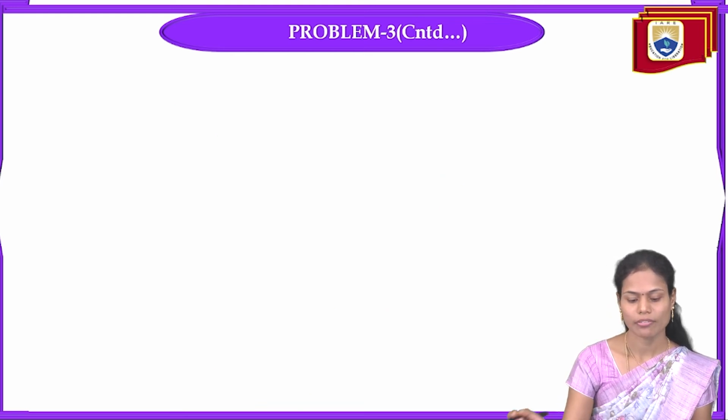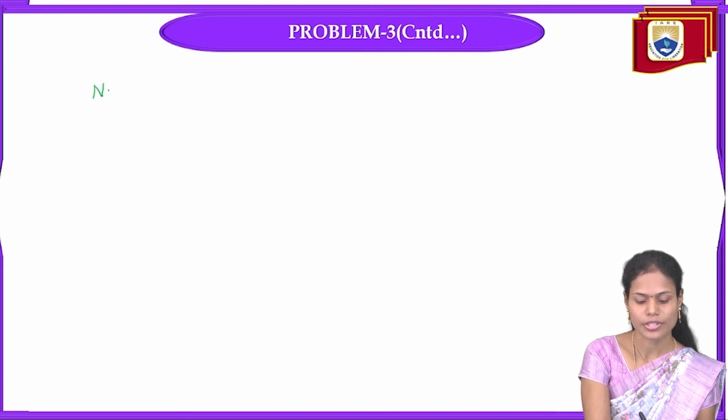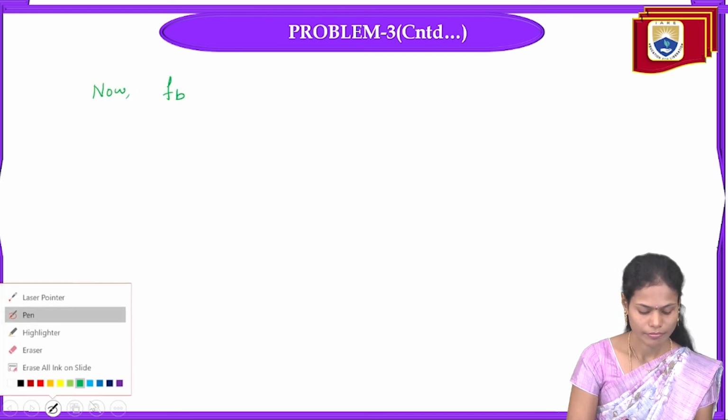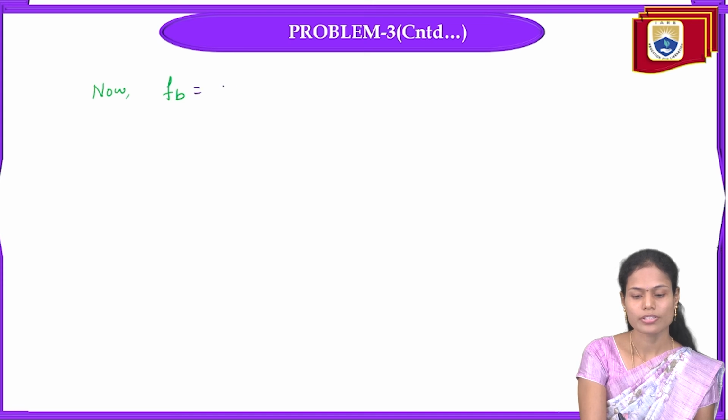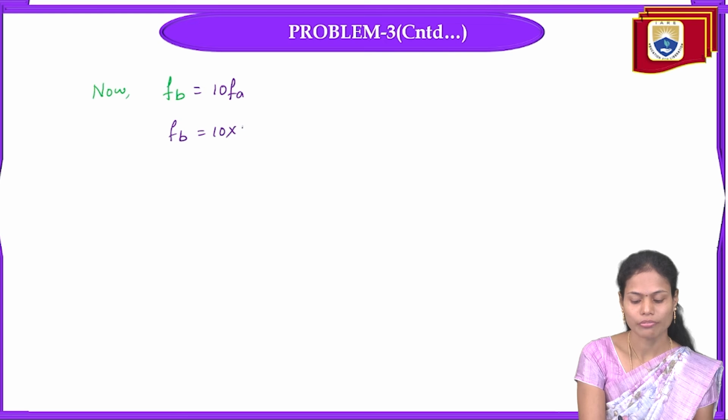To find the remaining values, again I am considering the second cutoff frequency FB. The second cutoff frequency is 10 times the first cutoff frequency. That is FB equal to 10 into 150. It is 1500 Hertz.